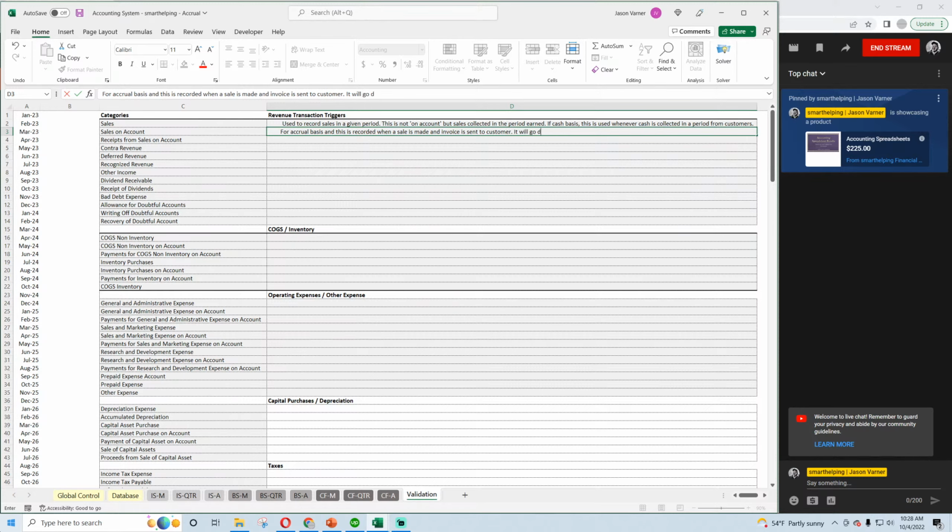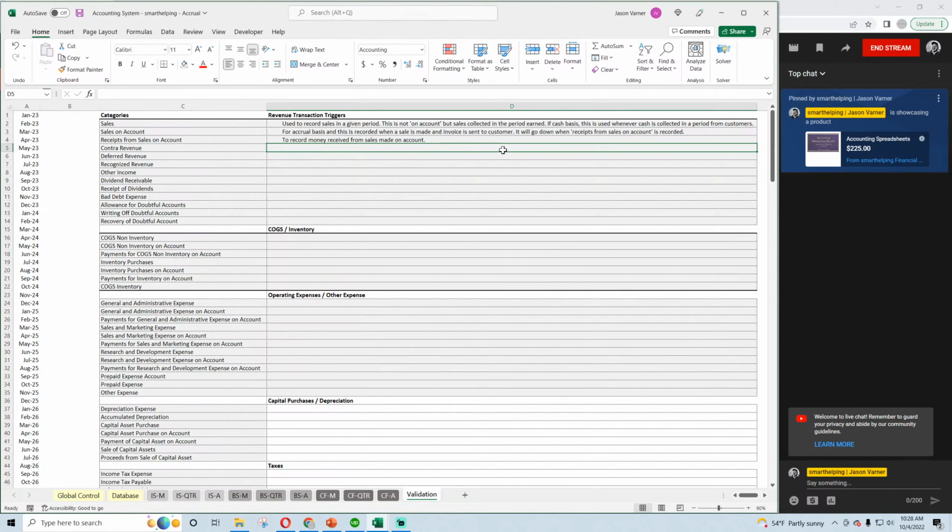It will go down when receipts from sales on account is recorded. And then this is to record money received from sales made on account. Pretty simple.